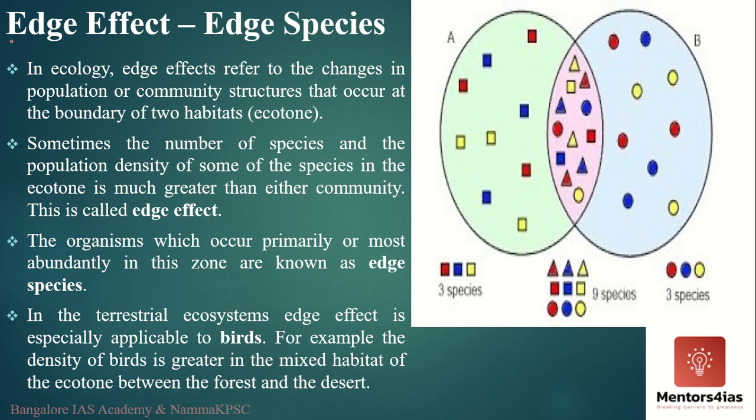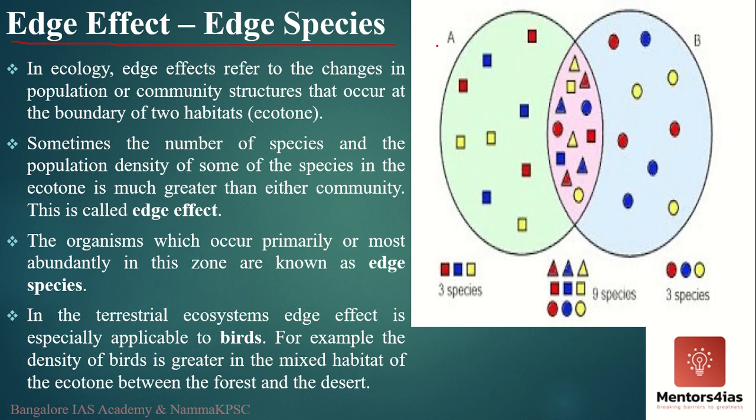Okay, so if you have understood an ecotone, this is nothing but a continuation of the ecotone itself. When explaining the ecotone, I did mention a point. I did say that when you have an ecotone, there may be certain species which are not found in the adjoining ecosystems. And at the same time, you can have a mixture of species which are found in both the ecosystems.